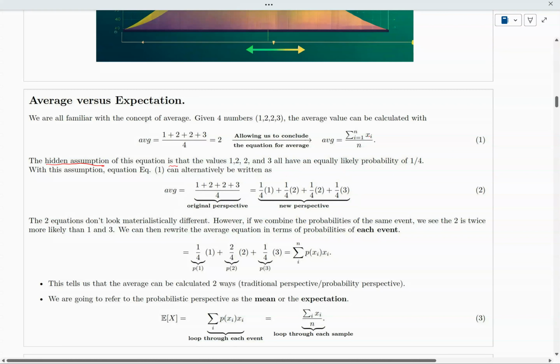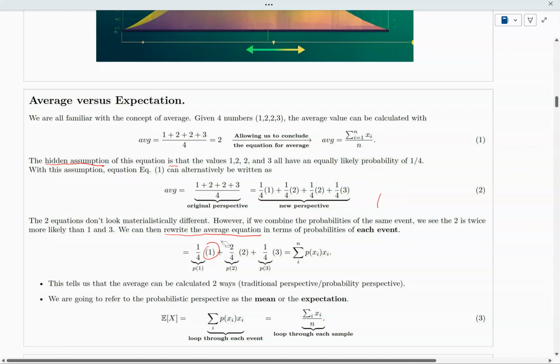Okay, so let's say we combine these two events because that's two. Therefore, the probability that two will happen is 2/4, right? So if we just add them together, then we can rewrite the average equation from the perspective of probability, which looks like this: one, that's the event.